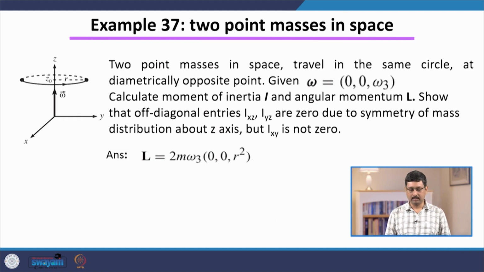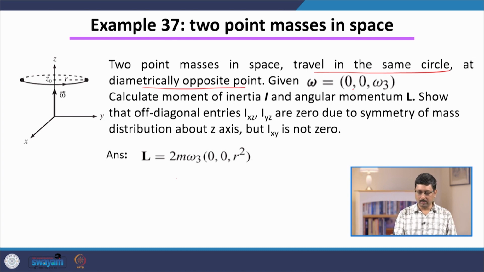Now, let us take an example of 2 point masses in space. It is the same problem, but instead of a single point mass, we have 2 point masses, and these 2 point masses are diametrically opposite, travelling in the same circle about the same origin. Again, the angular velocity of each of them is omega, same as before, and the question is the same: calculate the moment of inertia I and angular momentum L. Diametrically opposite means, let me explain.